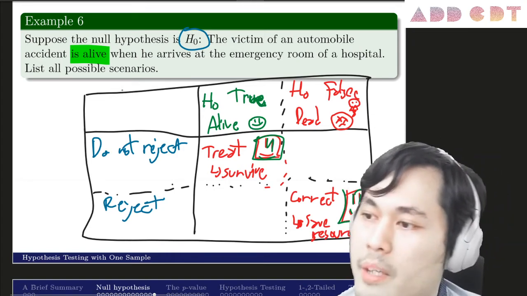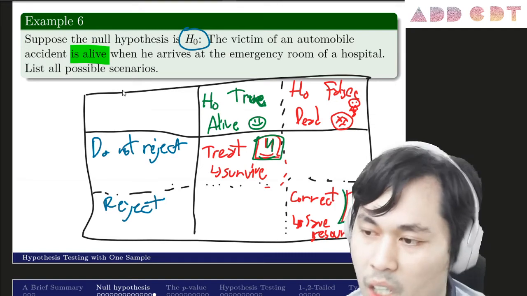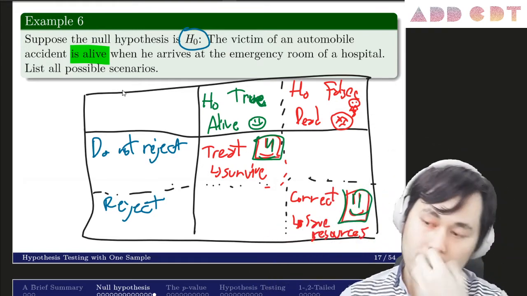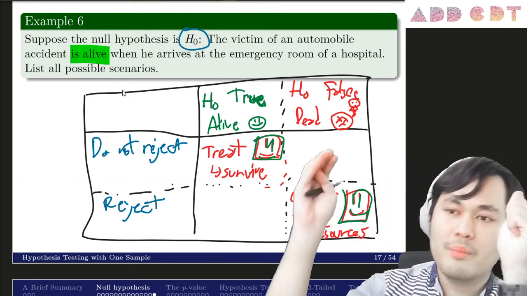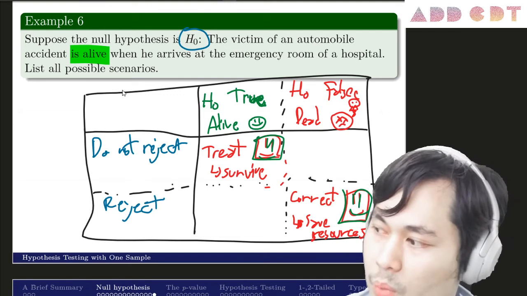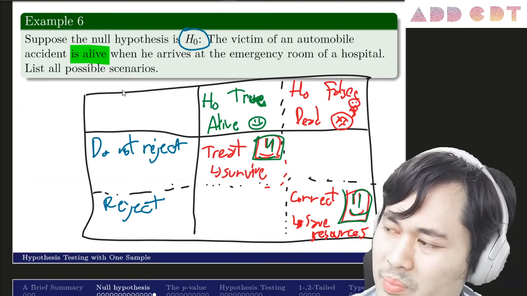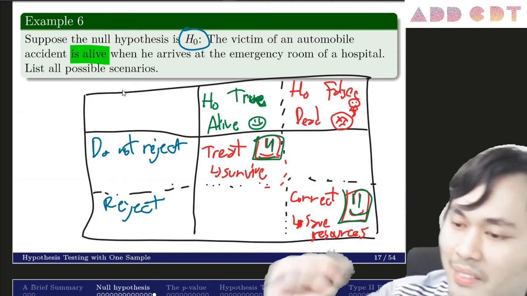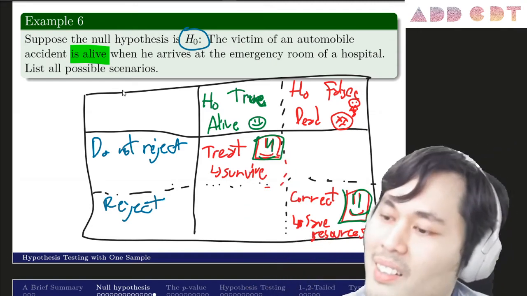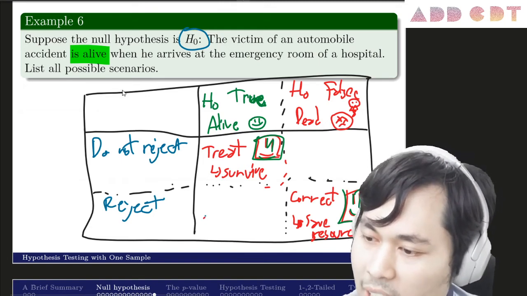On the other hand, we may commit some error. Maybe we reject. We don't believe he's alive. He's on the bed, but we don't believe he's alive. So we move him to the cold room or something, which means he's now dead.